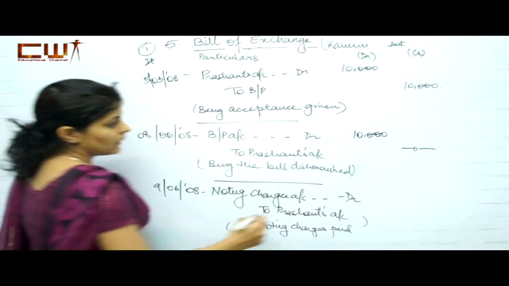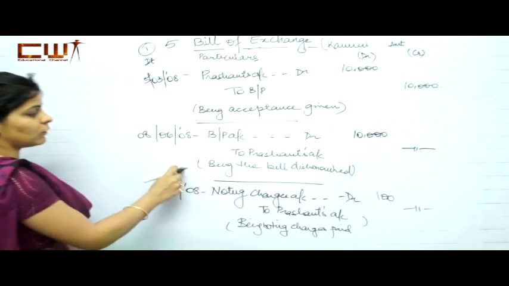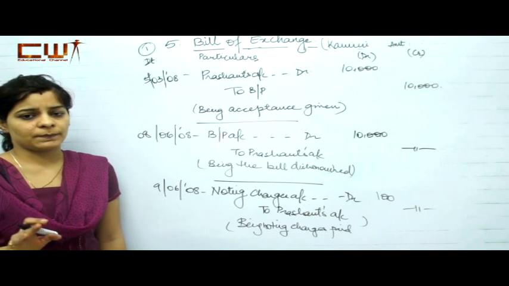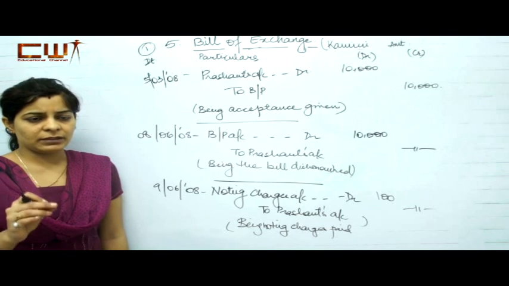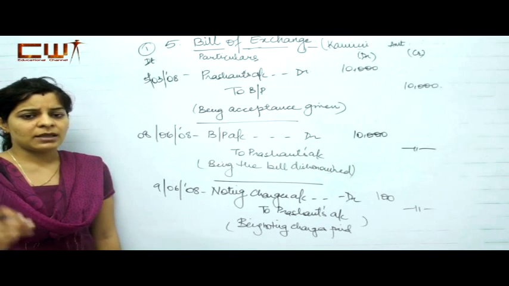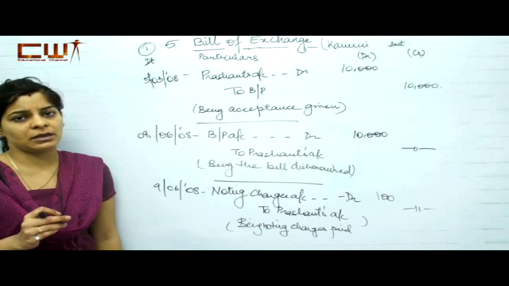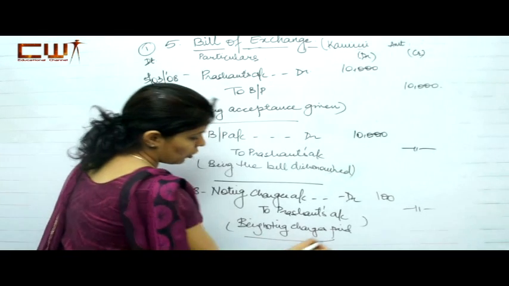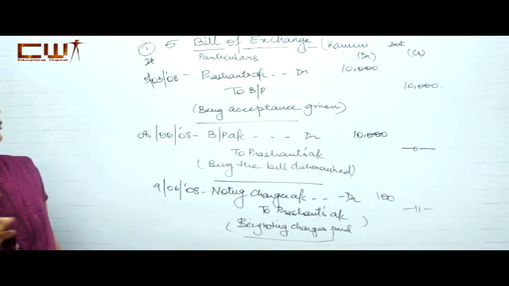How much? 100. Discount entry will not come in the books of the drawee because the drawee has nothing to do with the discount. The drawer or maker of the bill gives the bill to the bank, gets the bill discounted and receives the money on an earlier date. But the drawee pays the money on the due date itself and has nothing to do with the discount.